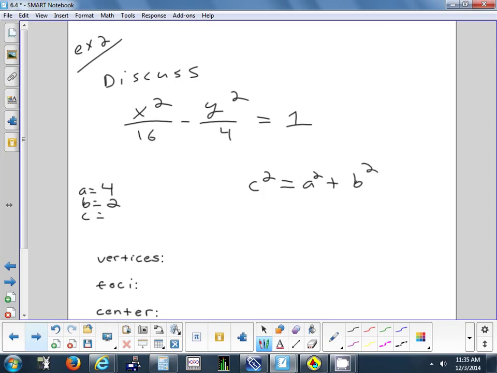Let's find c. Why do I need c? What's that going to help me to write down? Yeah, the foci. I can't do the foci if I don't have c. So we've got to find it. So we get 16 plus 4, and c would be the square root of 20. Good.